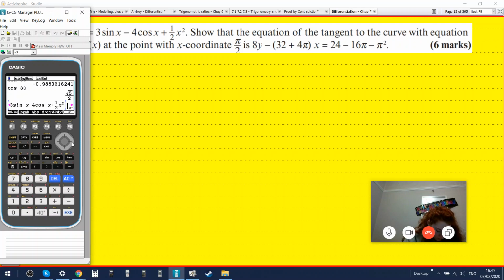And what do we put into the little box next to the x equals? So that'd be pi over 2. Yeah. Pi over 2. I've got 5.57.